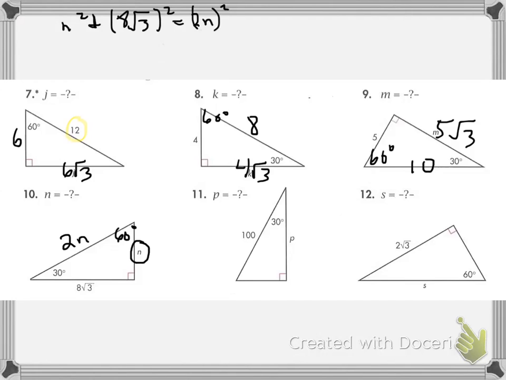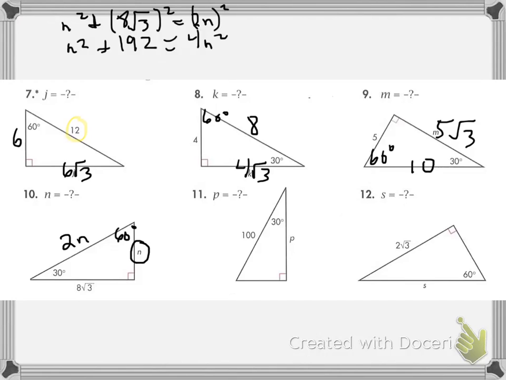So when we do this, we're going to get n squared plus 8 times 8 is 64, 64 times 3, and that's 192 equals 4n squared.